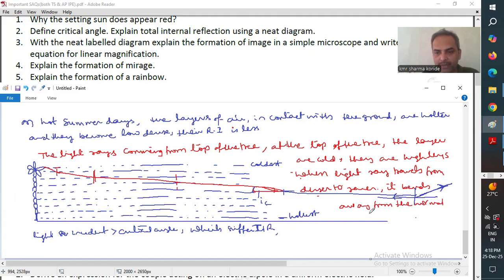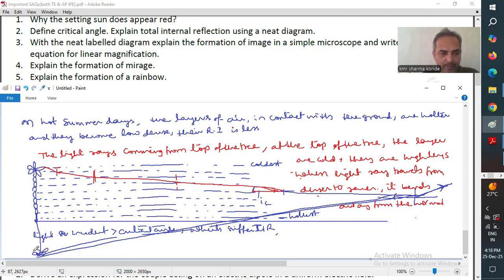For a distant object, it appears like this. The top of the tree will appear downwards, and it appears that there is a water body formed here.